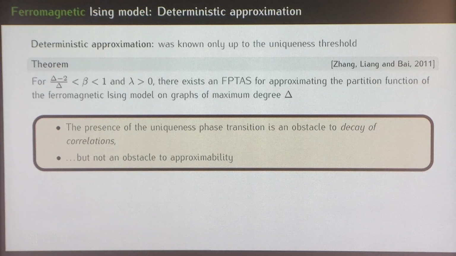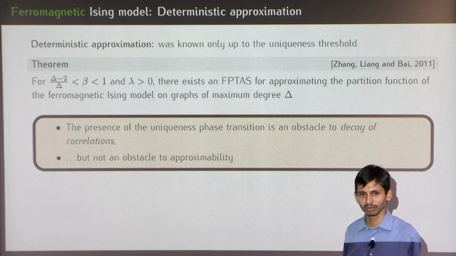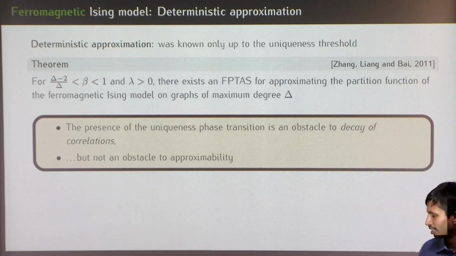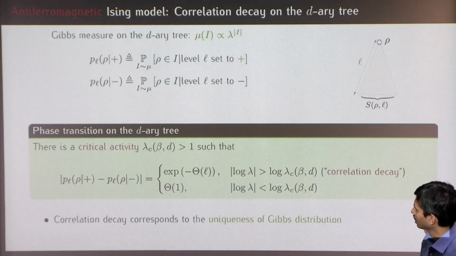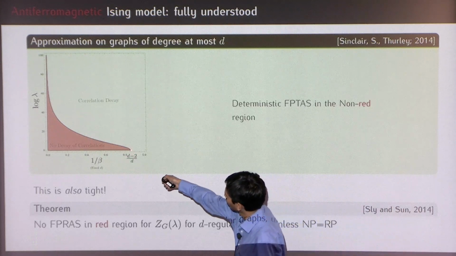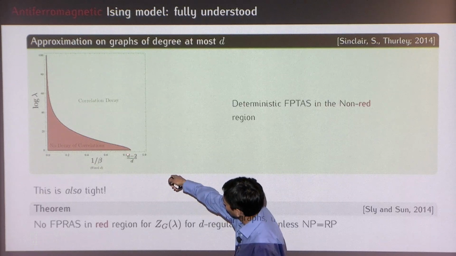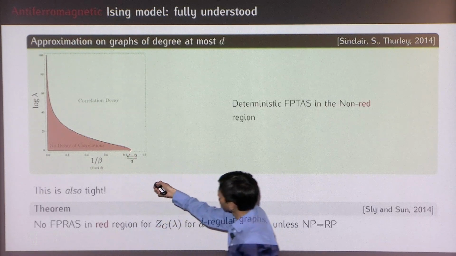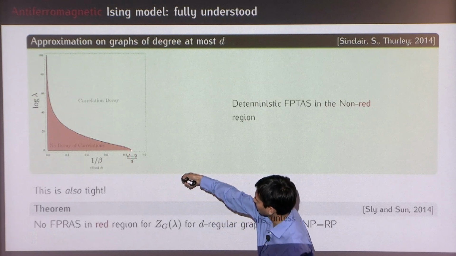But let's just see what correlation decay can do in the ferromagnetic case. It's known that in the ferromagnetic case, you can get a deterministic algorithm on degree D graphs under this condition, and this condition precisely is, if I just go back to this curve, if in the ferromagnetic case beta is beyond this parameter d minus 2 over d, then the red line just terminates there.